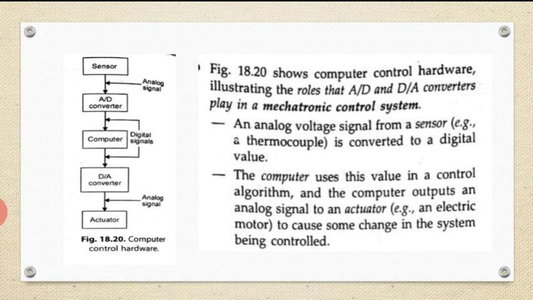From digital we have to convert back to analog, because the actuators work with analog signals. The actuator is nothing but an electric motor, which causes change in the system being controlled. So I conclude that both the analog to digital converter and digital to analog converter are required for this control process.